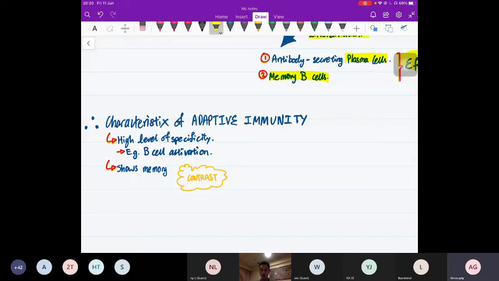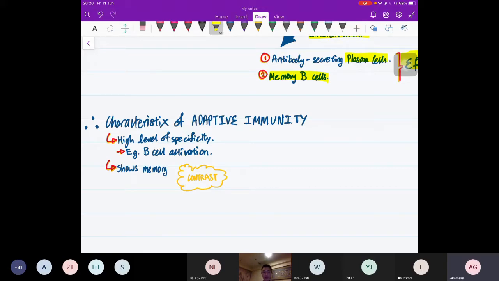And both checkpoints have to be passed before your antibodies are secreted, because you don't want to waste resources producing antibodies that are not complementary in shape to the epitopes on the antigens on the pathogens that are in your body. Okay, so that is the first characteristic of adaptive immunity.